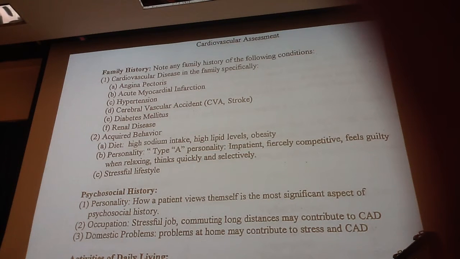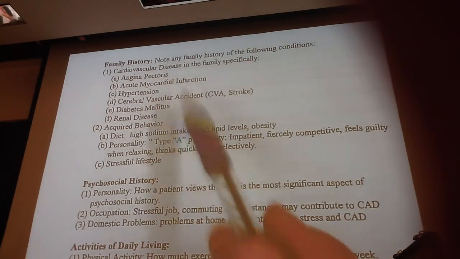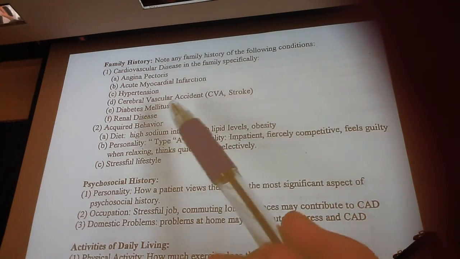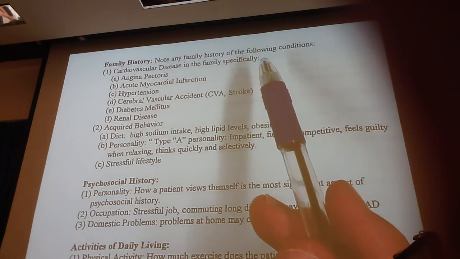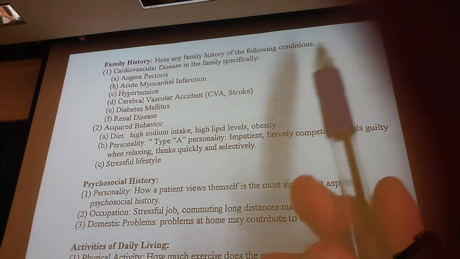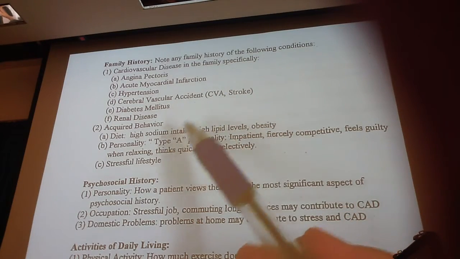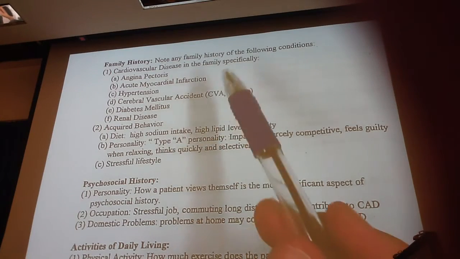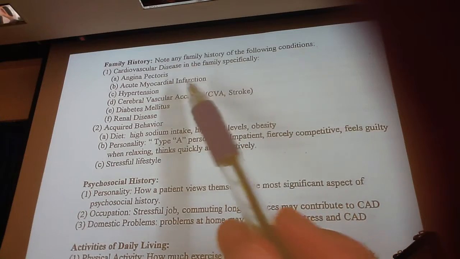But remember that a lot of this high blood pressure and cardiovascular disease is hereditary. So if your mom and dad died of a heart attack, don't make any long-term plans. At least you'll have an idea of when you're going to die, but that's about it.